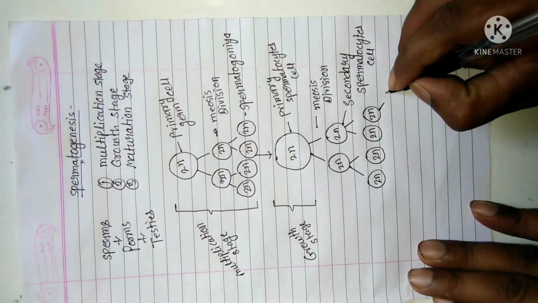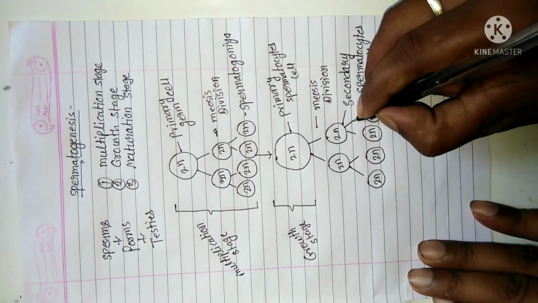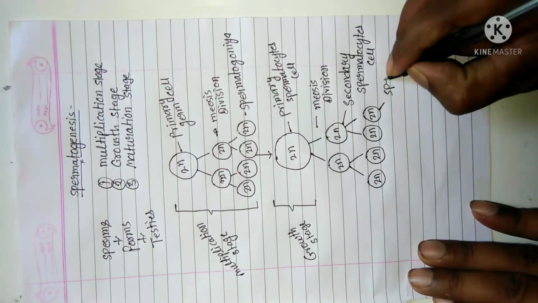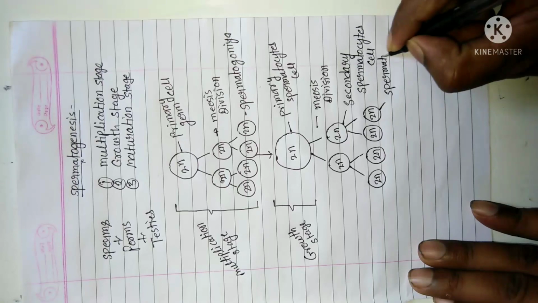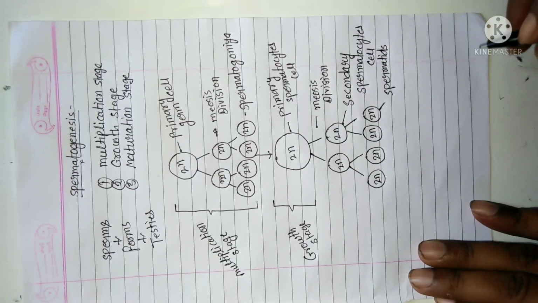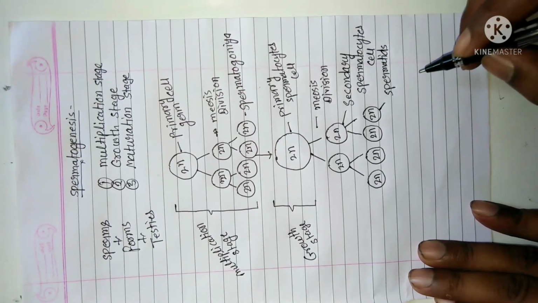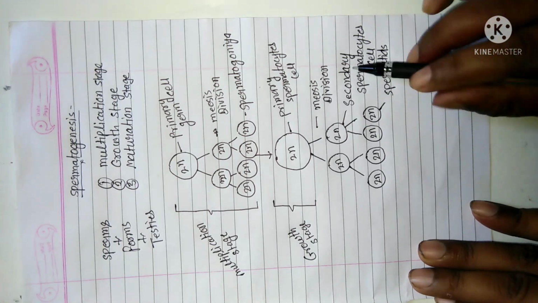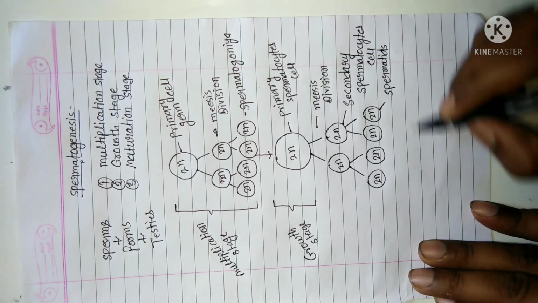These cells are called spermatid. Spermatid cells form from secondary spermatocyte cell.